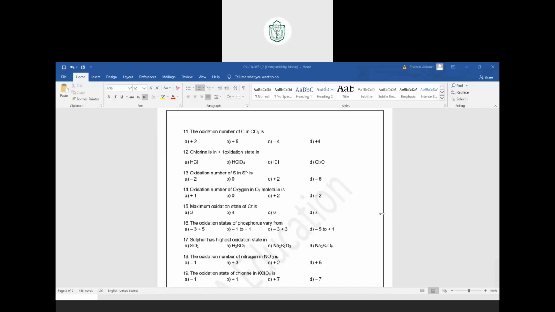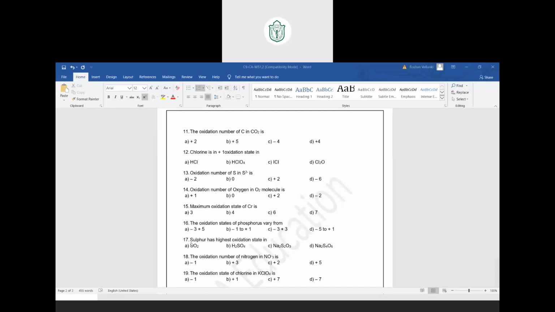Because phosphorus is a non-metal, it's more electronegative than hydrogen, right? Phosphorus can also form compound like PCl5, phosphorus pentachloride. PCl5. What is the oxidation number? +5. So here, option A, -3 to +5, it can have these oxidation numbers. Next.